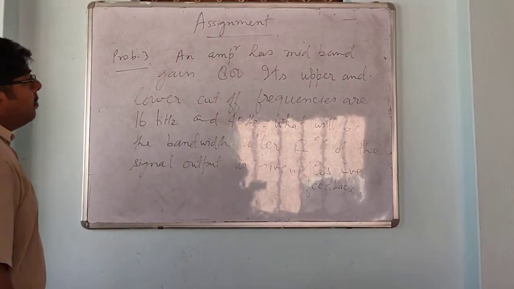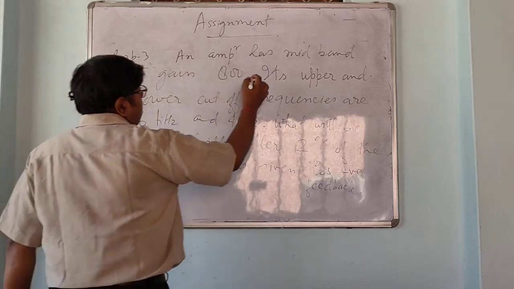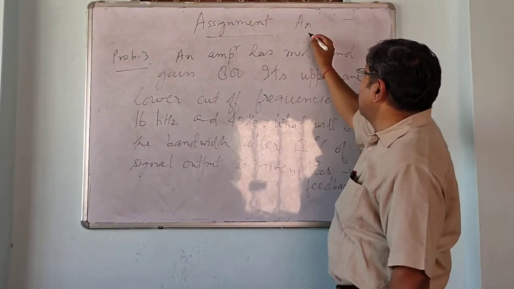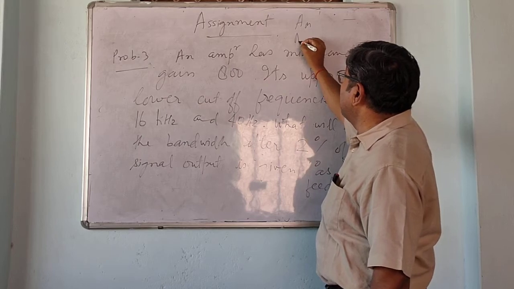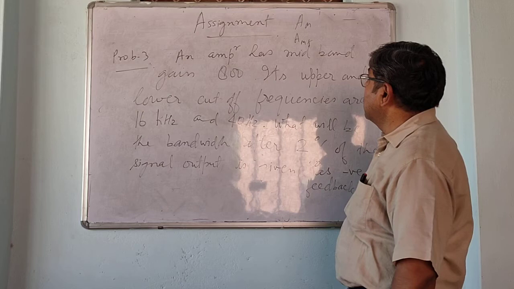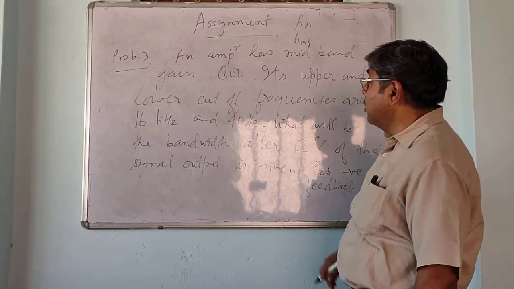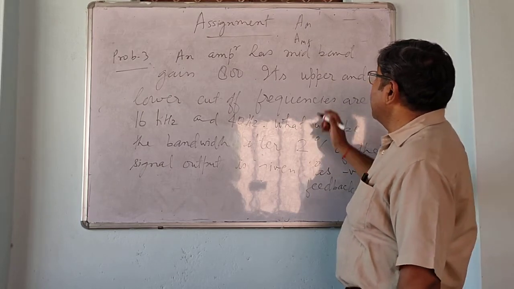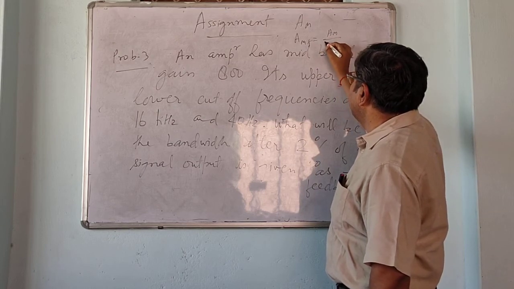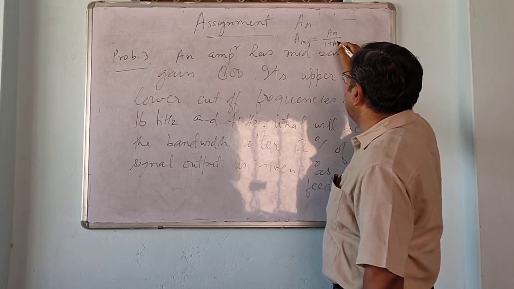Mid-band gain is given. This is the mid-band gain without feedback, and obviously when we are using feedback, it is denoted by a suffix f. So we can calculate this. Gain with feedback is given by A divided by 1 plus A beta.